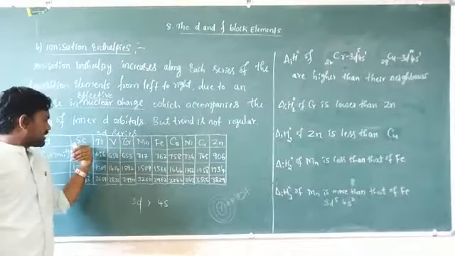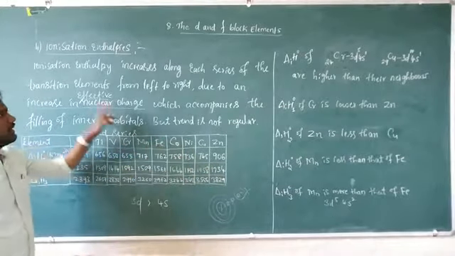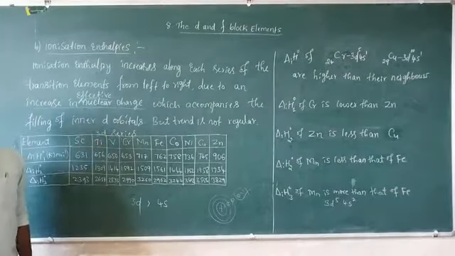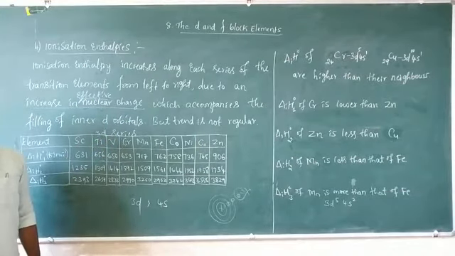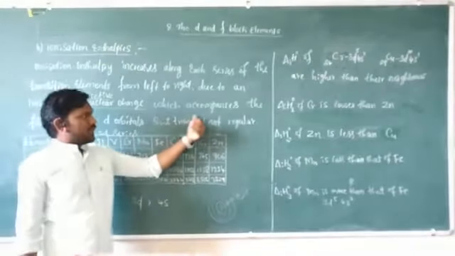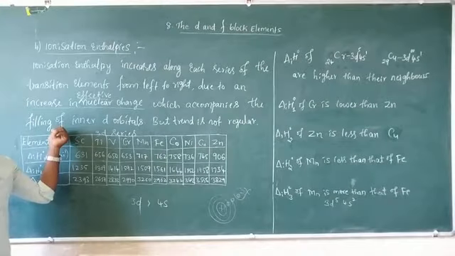For example, from scandium to zinc, it increases because of the increase in the effective nuclear charge, which accompanies the filling of the inner d orbitals.